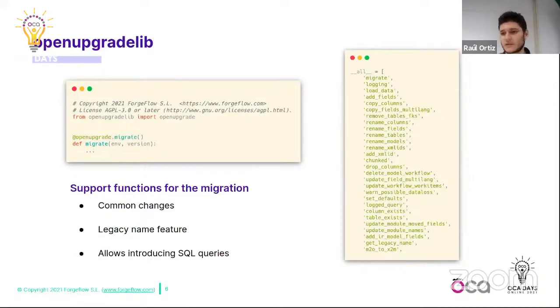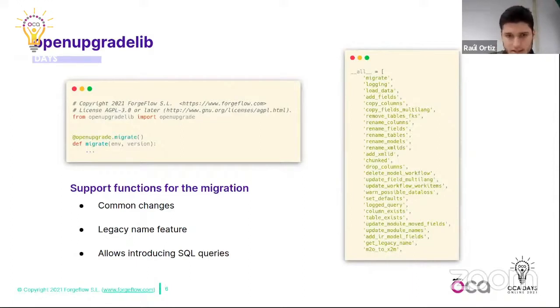It also allows introducing SQL queries that interact directly with the data, so the process is much more efficient. And finally, it adds features from Open Upgrade that, for example, legacy name is a feature that allows us to preserve the data from one version to another.